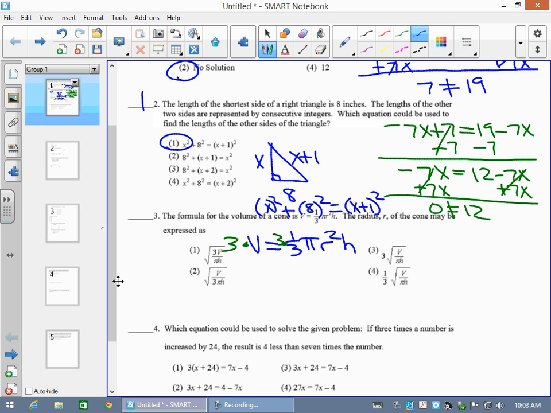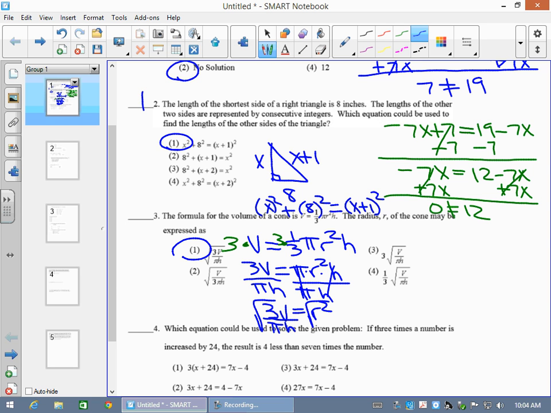So I get 3b equals pi r squared h. Now again, I'm solving for r. Since this is attached by multiplication, I'm going to divide by pi h. So 3b divided by pi h equals r squared. Undoing squaring, we would square root. So the answer should have been choice 1.